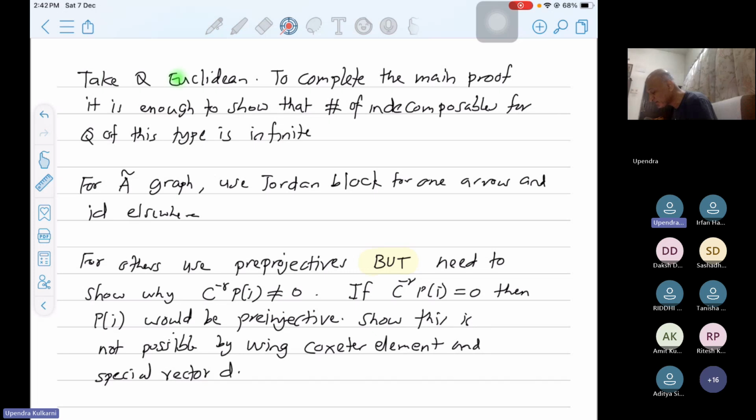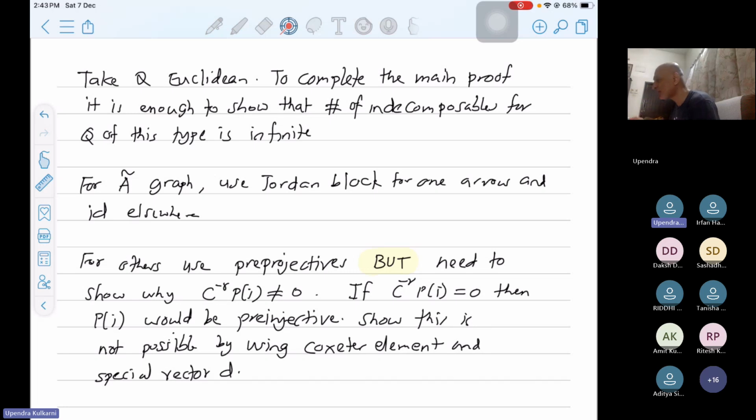Now I claim that it is enough to do it for Euclidean. And for this, I do a simple trick, just like the trick that we did in the proof of the trichotomy theorem for classifying quivers according to whether the form is positive definite, or positive semi-definite but not definite, or not positive semi-definite.